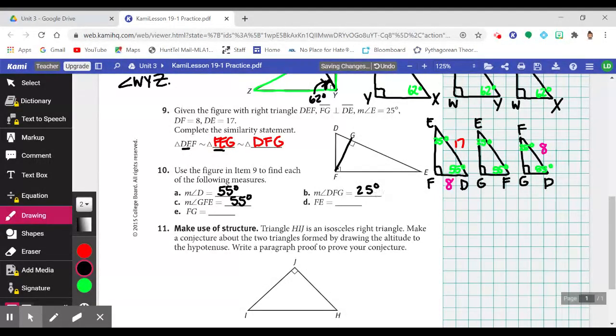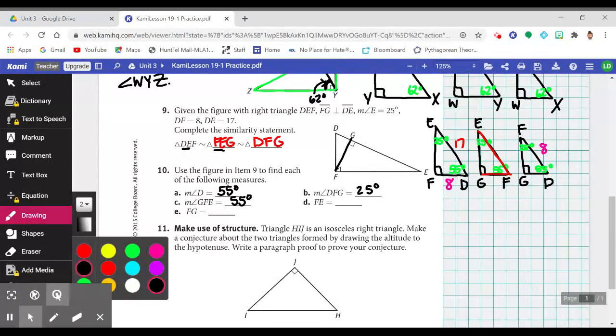So we are tasked on 10 to find the length of FG and also FE, which I believe, do we have FE? No, we don't. So we need to find these two segments here. So because we're dealing with similar triangles, corresponding sides should be proportional. So we should be able to write proportions. And since we have this drawing here, it'll make it very easy for us to write those proportions.